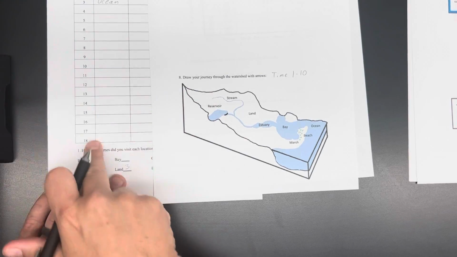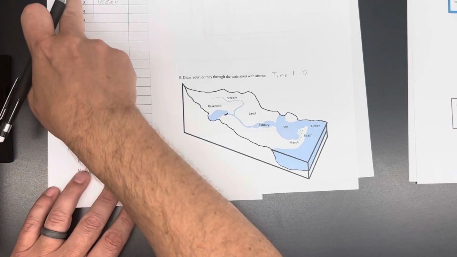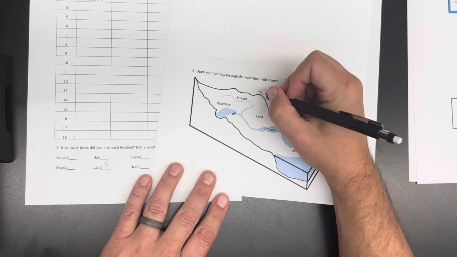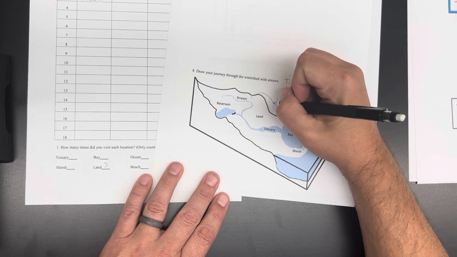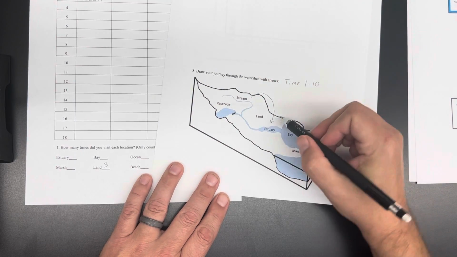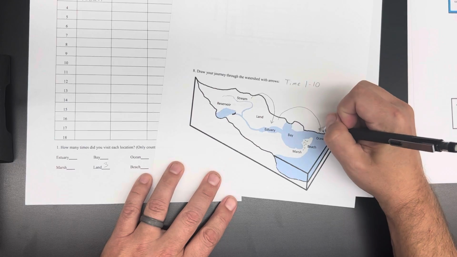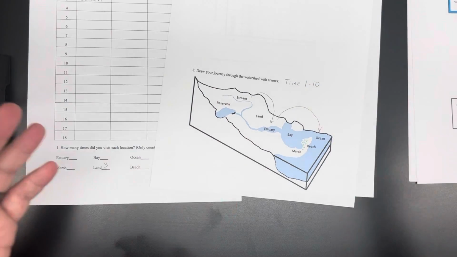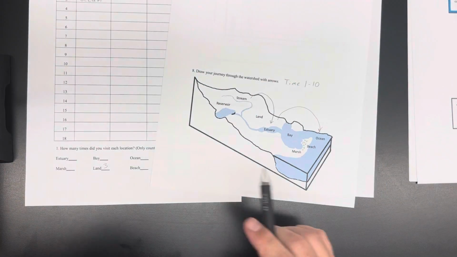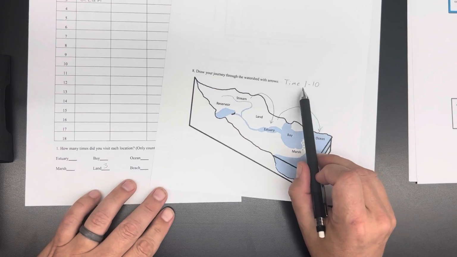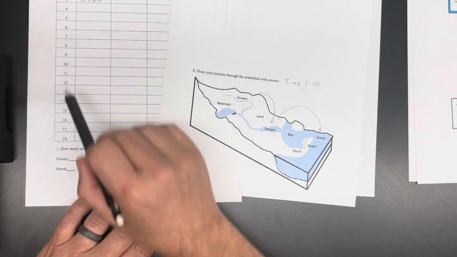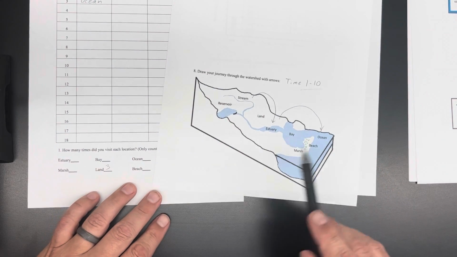You don't have to do the whole journey. That'll be just too much. So for me, we would have started at the stream and then gone to the estuary, from the estuary to the ocean, then from the ocean to whatever the next one was. But you're just doing the first 10 steps, not the whole thing. Otherwise, it's just going to get way too messy.